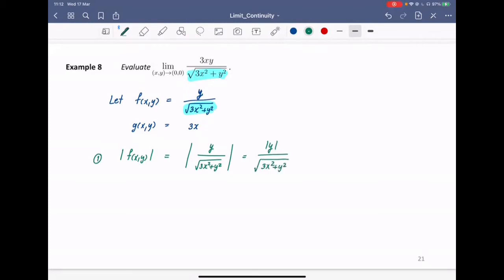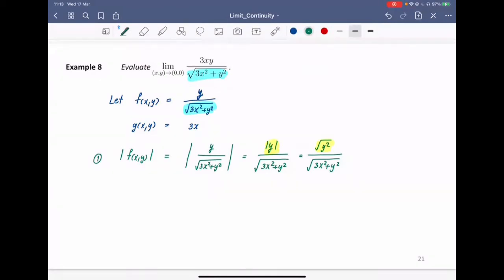Interesting, right? I can get rid of the absolute value in the denominator because the square root is always positive, but on the top, I still have absolute y. And then absolute y is going to be square root of y squared. Would you agree? All right, I didn't do anything. I just switched absolute y to square root of y squared.